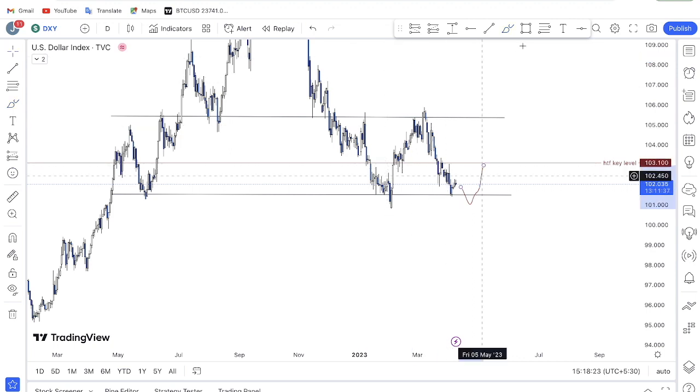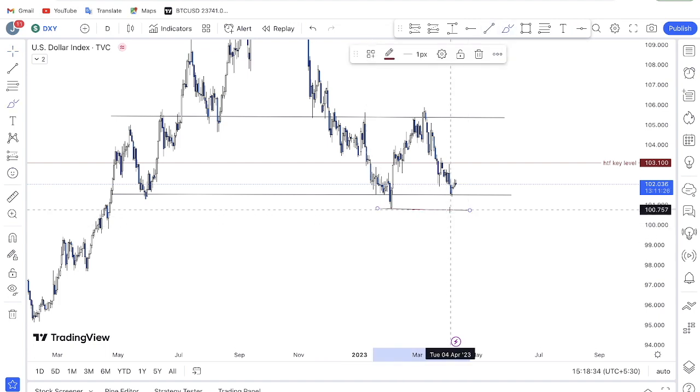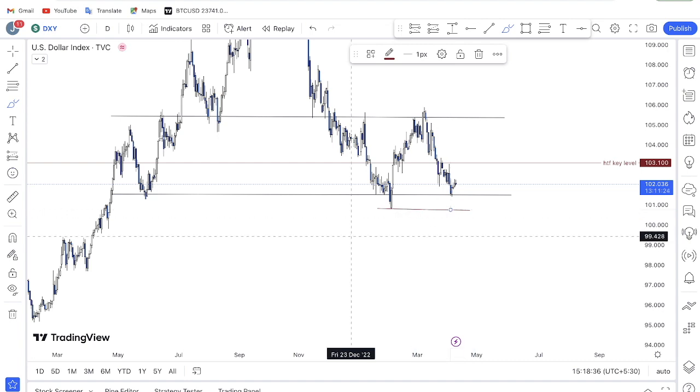But let's say if price breaks below this level here, what do we expect to see? If price breaks below this level, our next target is going to be here, because this is a key level as well.